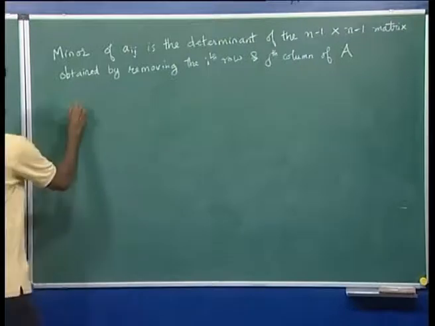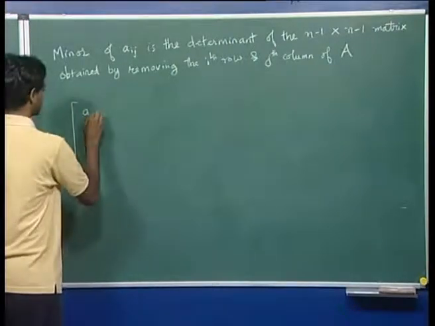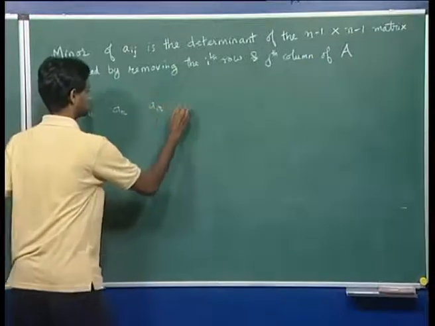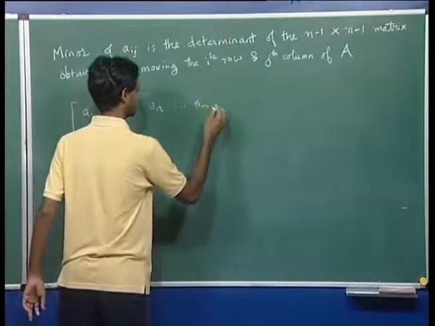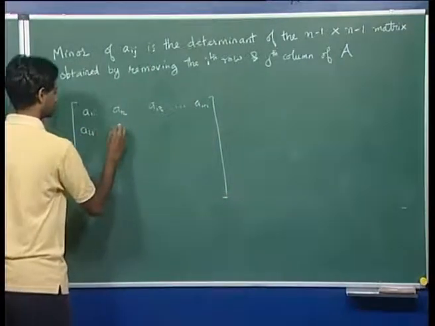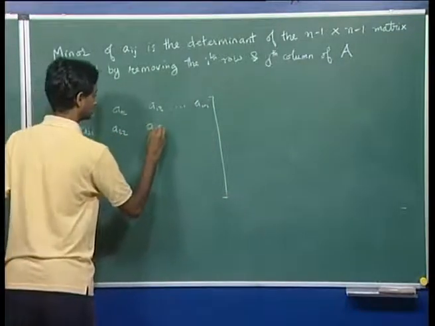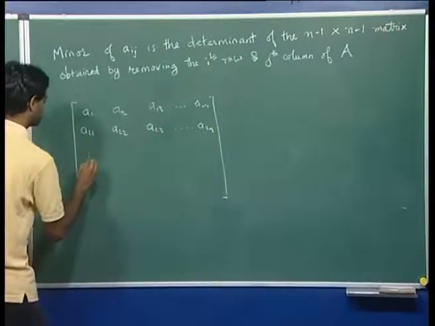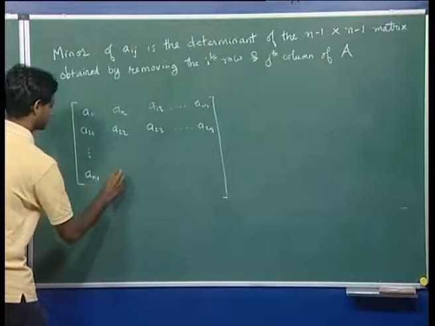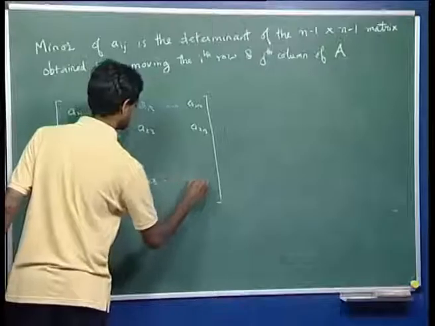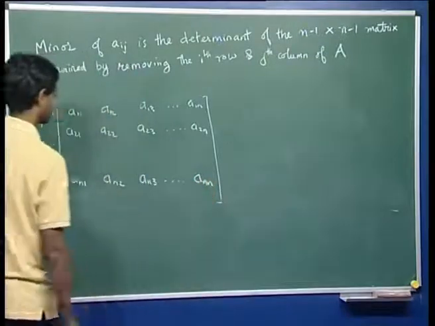So, suppose you have a matrix with rows A11, A12, up to A1n, then A21, A22, up to A2n, all the way up to AN1, up to ANN.